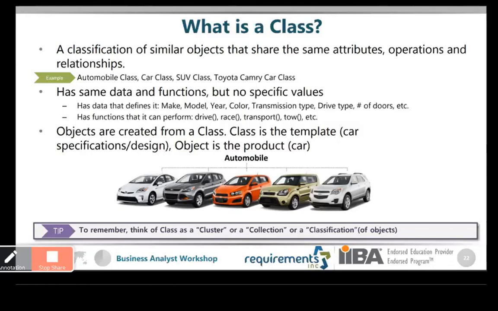Every Toyota Camry car is a four-door car. Every four-door car is a car. Every car is an automobile. Make sense? So when you go up the hierarchy, you're generalizing things, aren't you? And when you go down, you're getting more specific, aren't you? Right? And there's another interesting concept.